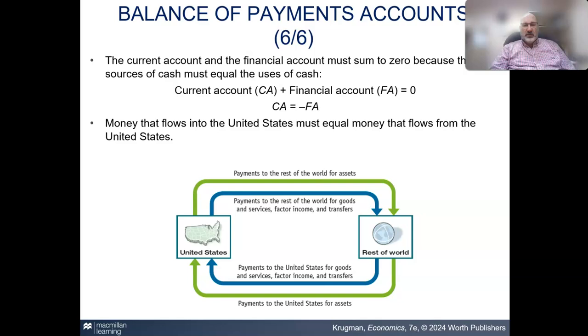In blue, payments to the rest of the world for goods and services, factor income and transfers, and in green, payments to the rest of the world for assets. And then from the rest of the world, payments to the U.S. for goods and services, factor income and transfers, and payments to the U.S. for assets in green.